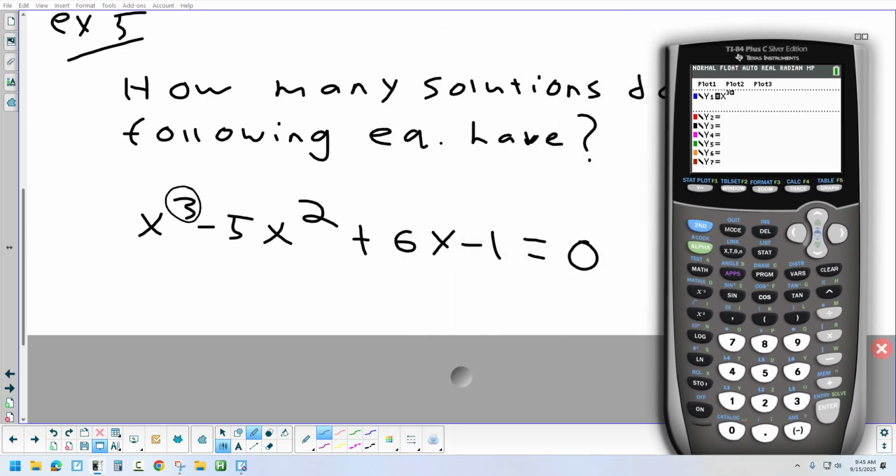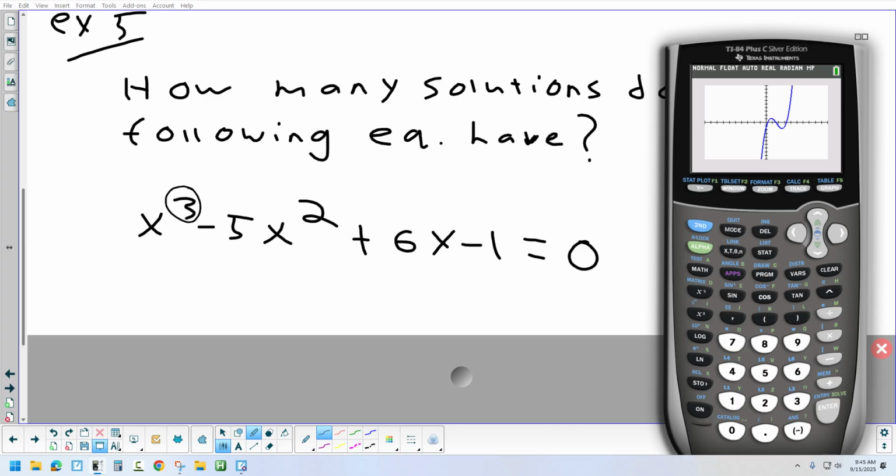So we've got x cubed minus 5x squared plus 6x minus 1. I think I'm already on Zoom 6, but I'll do it again. Okay, I think now we have the answer to that question. How many solutions does that equation have? Yeah, 3.